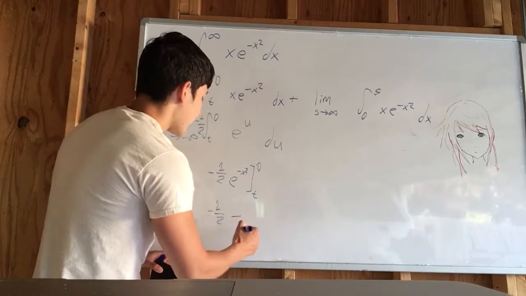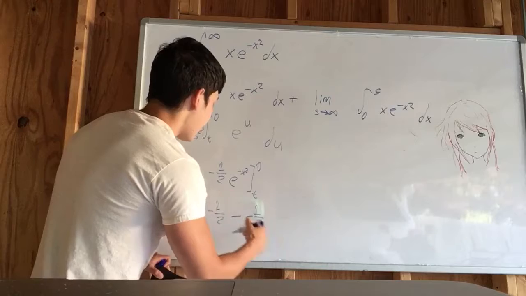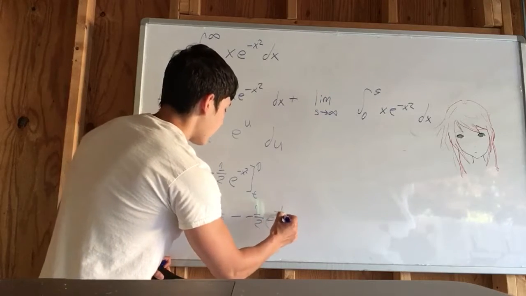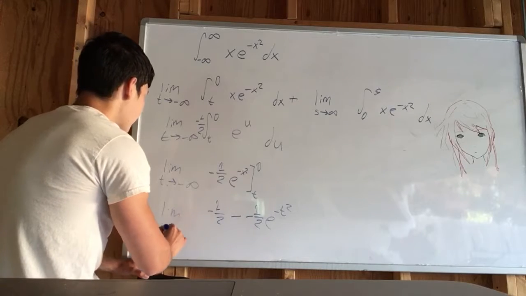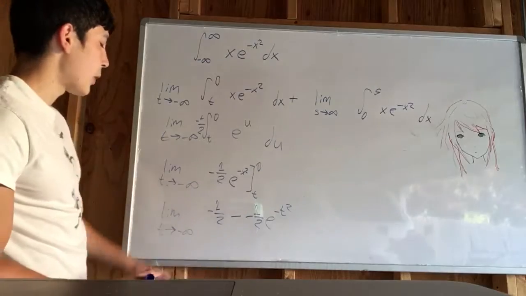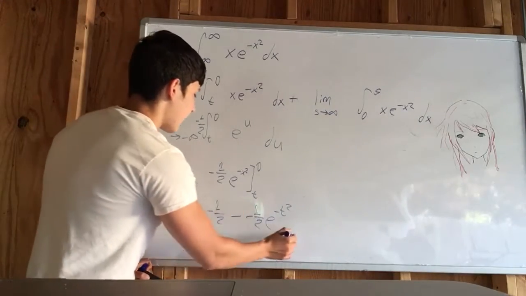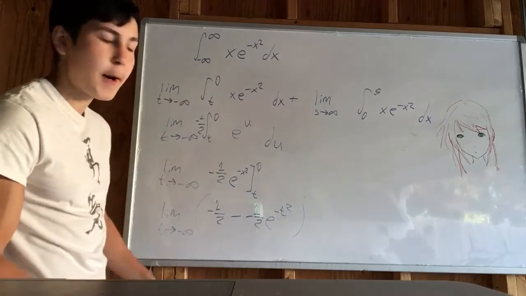Then we subtract, plugging in t and letting the limit work on that. Because remember, we're taking the limit of this entire thing, as t approaches negative infinity. This is just a constant, so it doesn't make a difference. It doesn't even have a t in there.